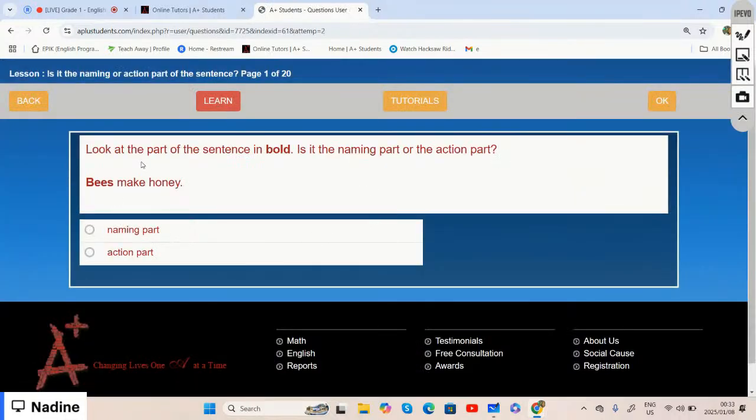All right, it says we need to look at the part of the sentence in bold and say if it's either a naming part or an action part within the sentence.